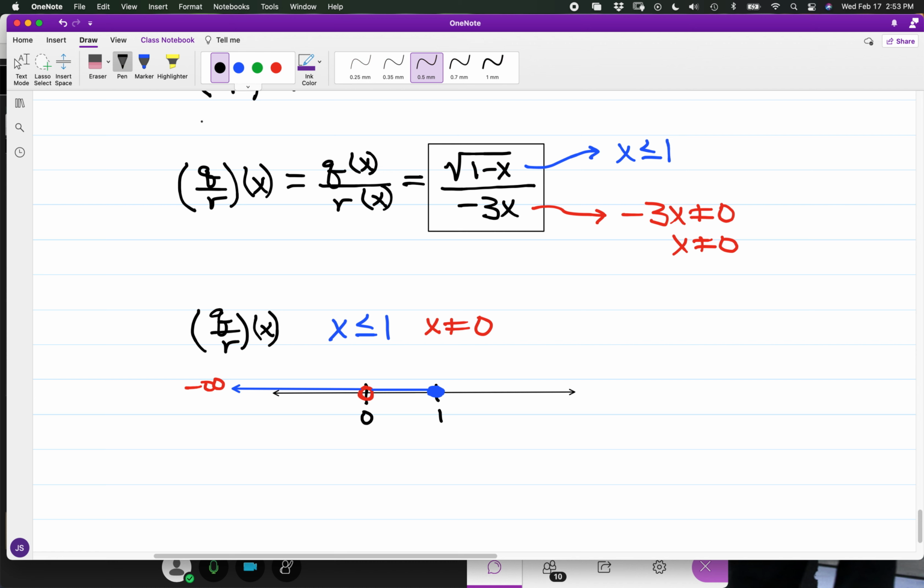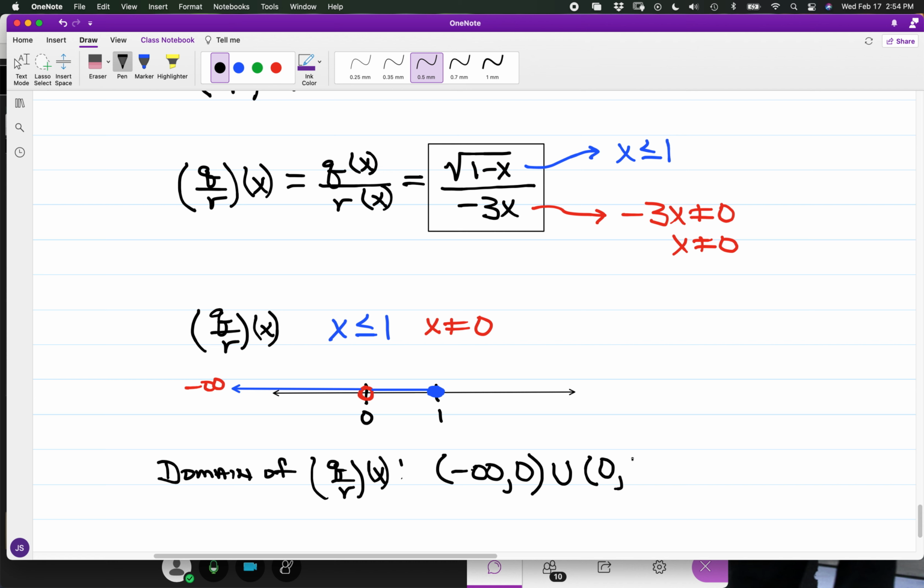So for the domain of the quotient function, okay, you have going from negative infinity, approaching but not including 0. So you have a parenthesis, and then we have in the follow through. So you have going past 0, so you have another parenthesis, then you have 0, and we have approaching and including the value of 1. And the 1 is going to be in the bracket.